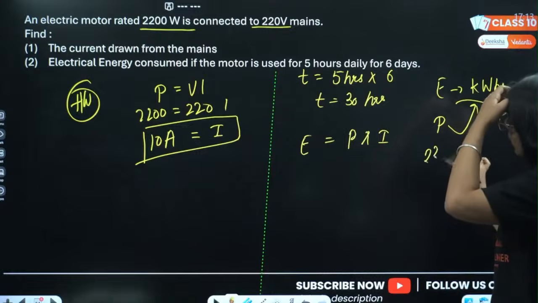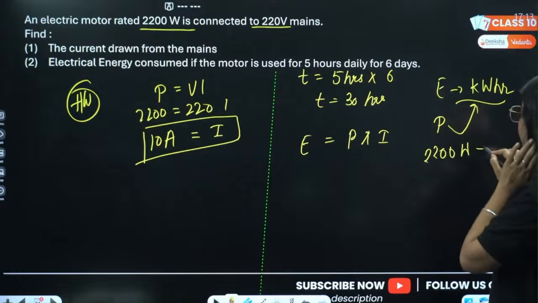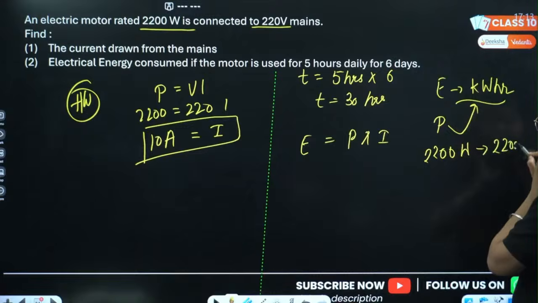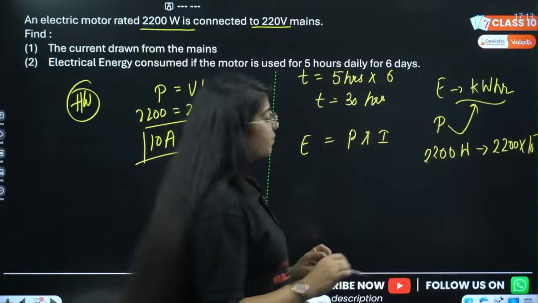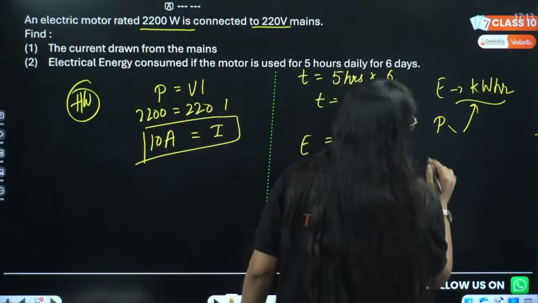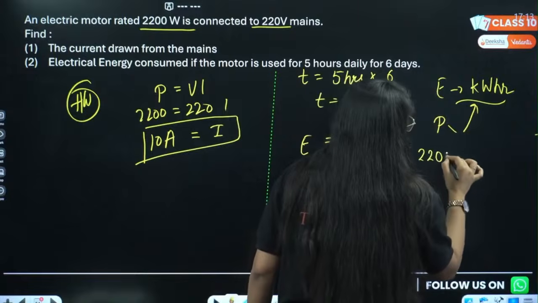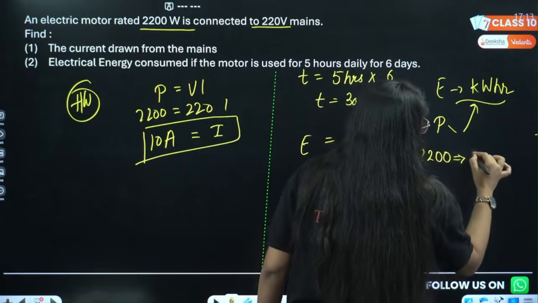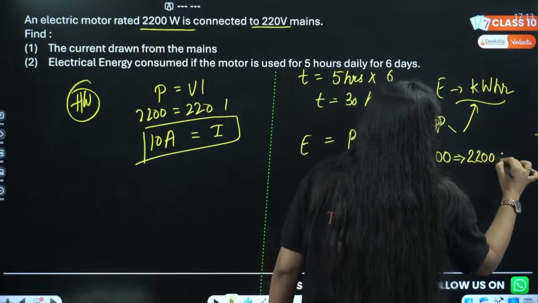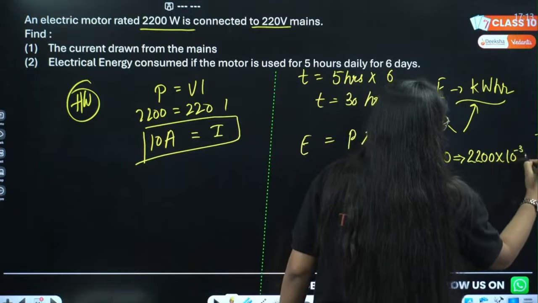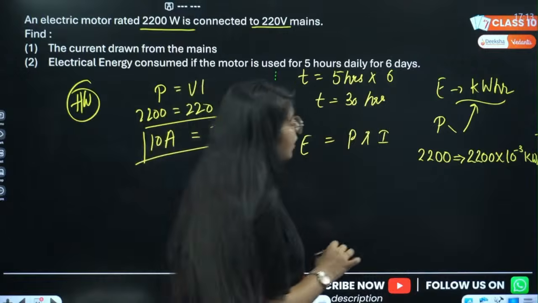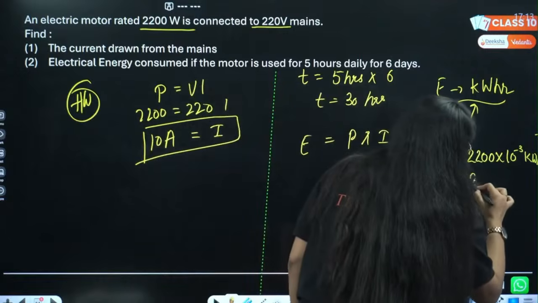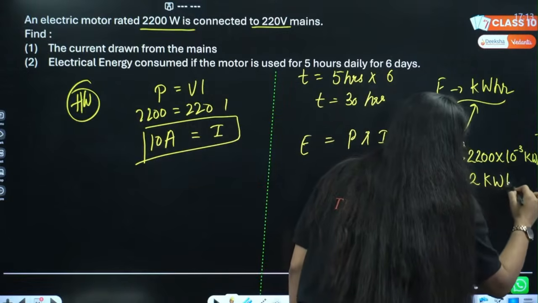So 2200 watt will be 2200 into 10 raised to power minus 3 kilowatt. दिख नहीं रहा है ना? रुको. 2200 into 10 raised to power minus 3 kilowatt.